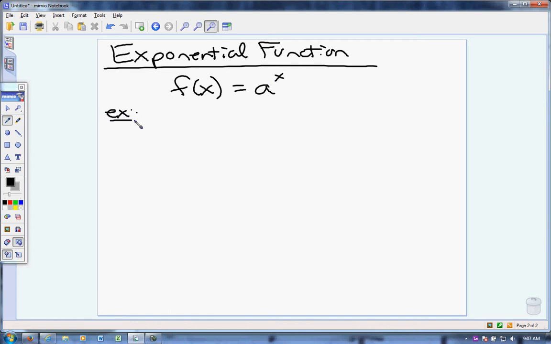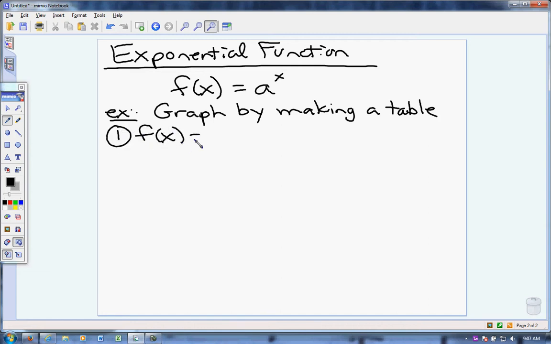You're going to be asked to do this in homework, I believe. Graph by making a table. We're going to do the first one analytically, that means on paper or algebraically, and after that you can use the graphing calculator. Let's start with our same function, f of x equals 2 to the x.